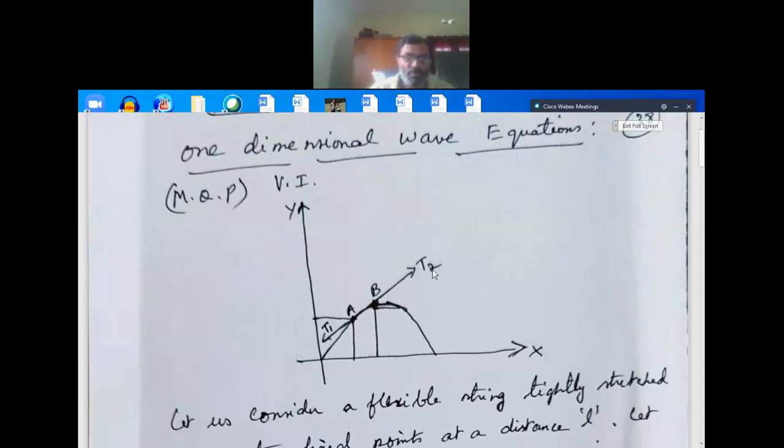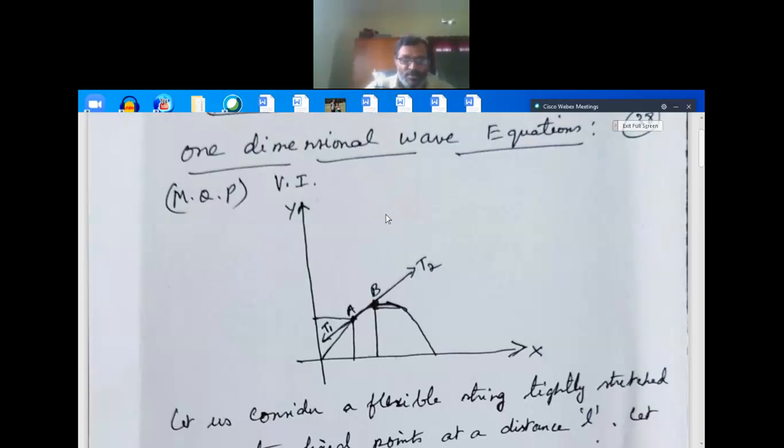A tangent is drawn at the points A and B. A is a little bit down, B is a little upper. The difference is a small amount, which is taken as delta x. The upper part tension is taken as T2, the lower part tension as T1. Here the perpendicular is drawn, and here also the perpendicular is drawn. So once again, this is a very important question. It's a model question paper problem.